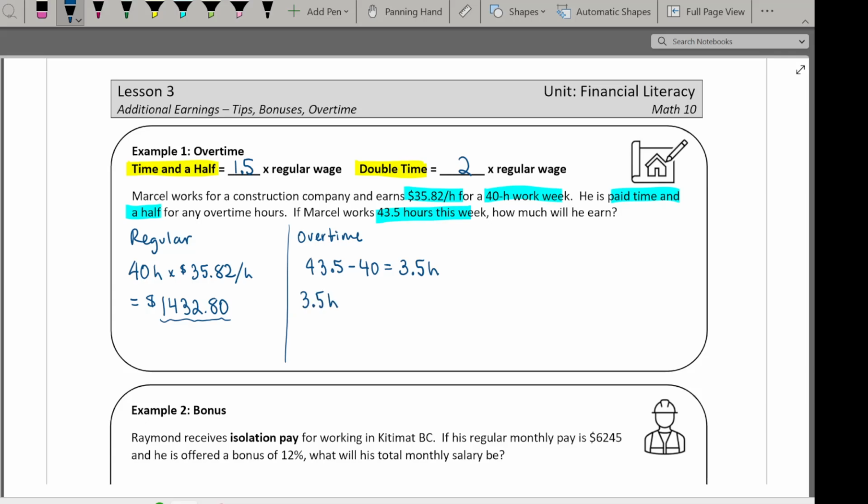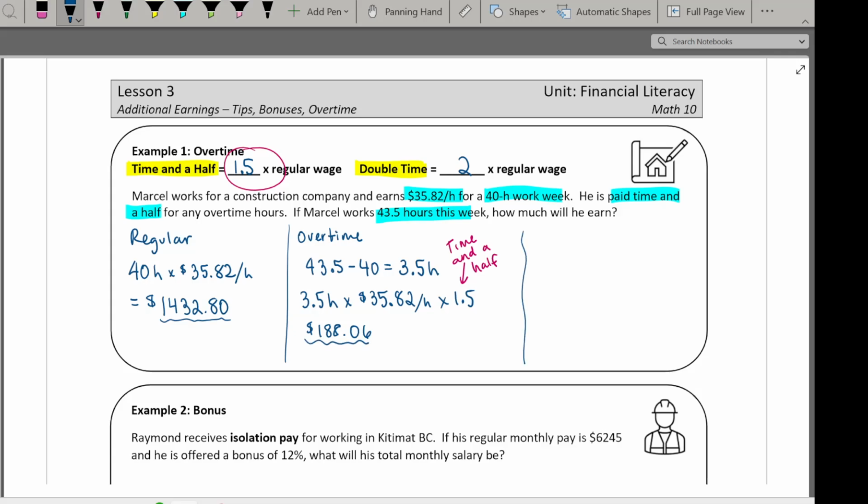So 3.5 extra hours times his regular wage times 1.5, because the 1.5 is the time and a half, right? And 1.5 times his regular wage. So if you multiply all 3 of those together, you get $188.06.